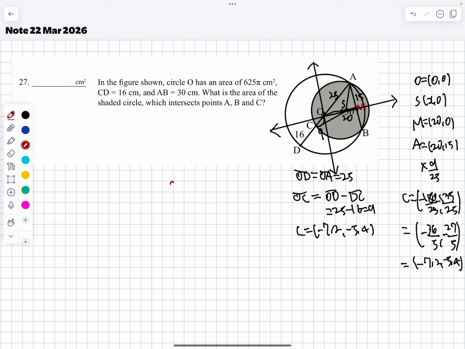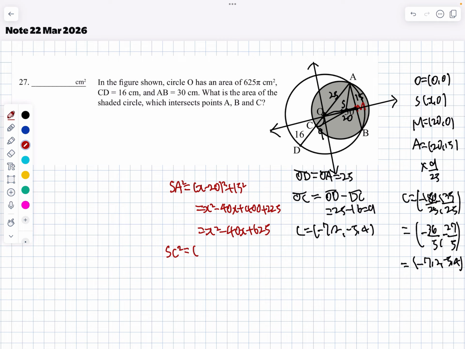SA squared equals (x minus 20) squared plus 15 squared, which is x squared minus 40x plus 400 plus 225, which equals x squared minus 40x plus 625. Now SC squared is (x plus 7.2) squared plus 5.4 squared, which equals x squared plus 14.4x plus 81.